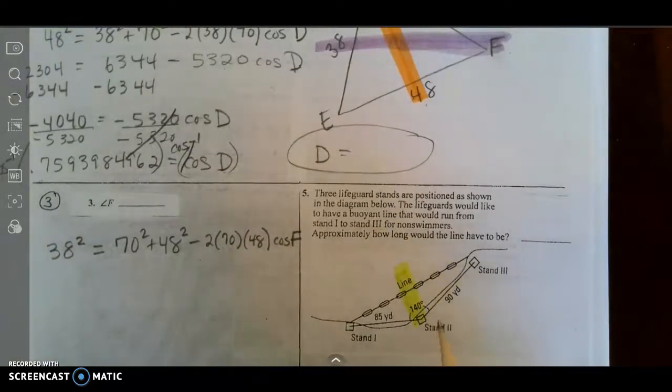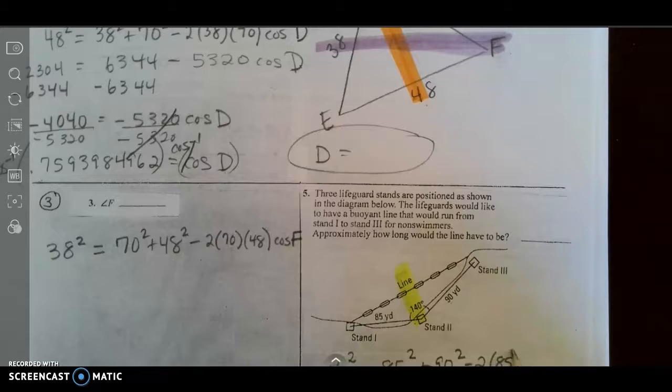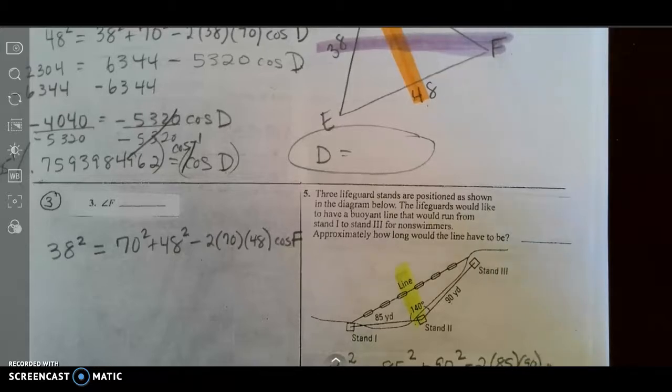So I'm going to have this side here. We'll just call it x squared equals the other two sides squared, 85 squared plus 90 squared minus 2 times 85 times 90 times the cosine of 140.